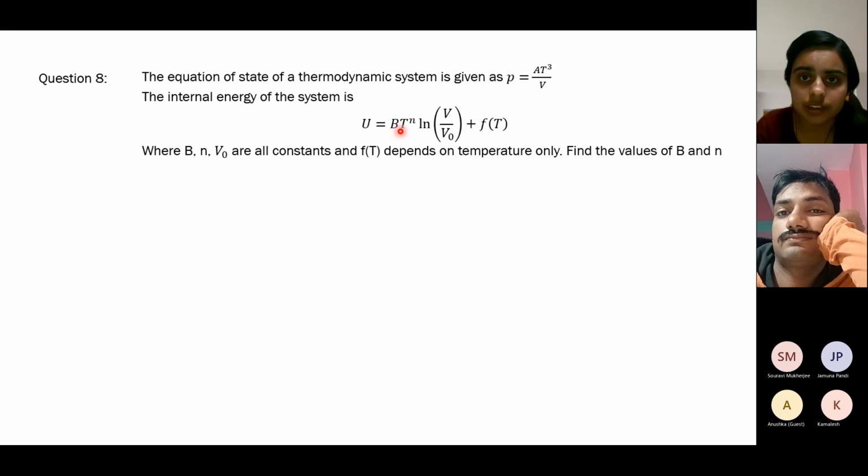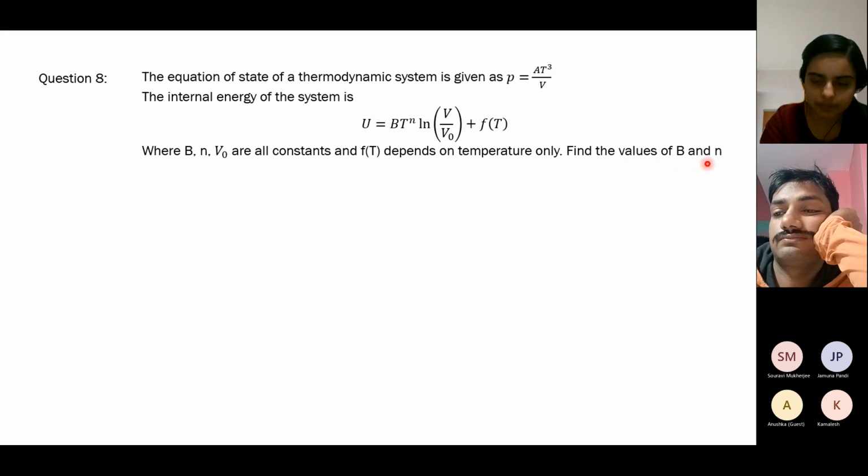So now the next question. Here the equation of state of a thermodynamic system is given as P equal to AT cubed by V, and this is your internal energy. We know that f(T) depends only on temperature, and these are all constants, and we want to find the values of B and n.